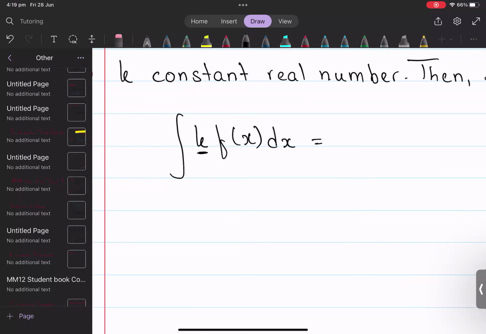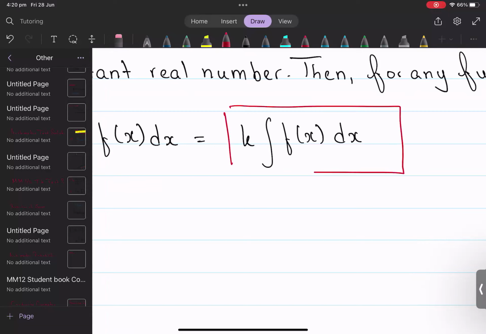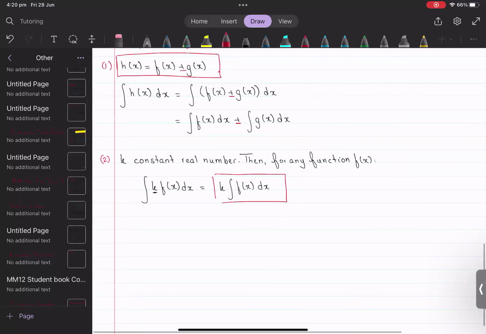So this is just k times the antiderivative of f of x with respect to x. So these are the two key properties of antiderivatives. These are all the things you can do with them.